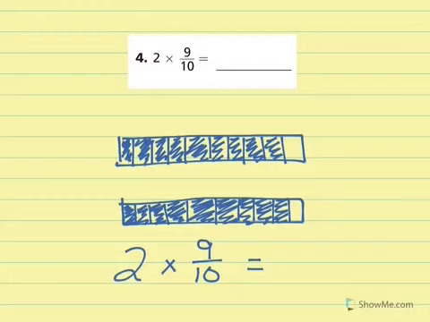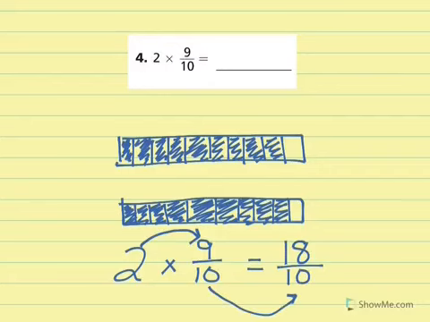So I can count all of my shaded pieces, and I would get 18, or I can take my whole number, 2, times 9, and I would get 18, and I would keep my denominator, 10. So our answer would be 18 tenths.